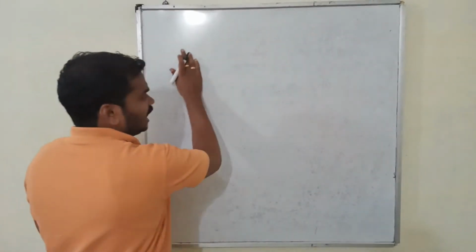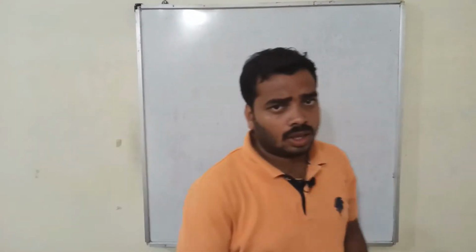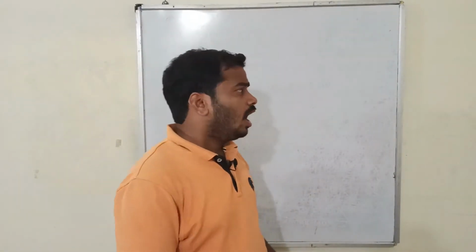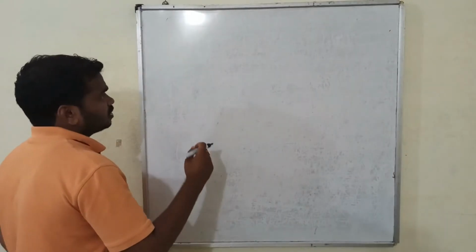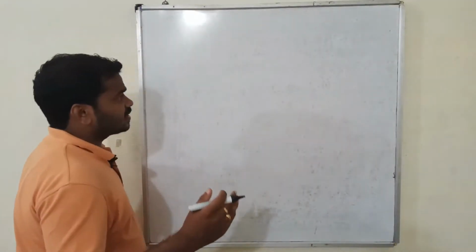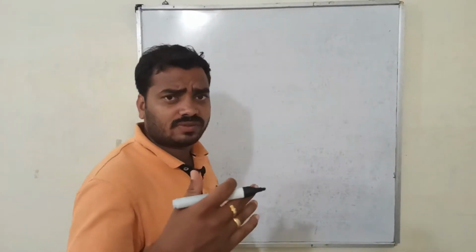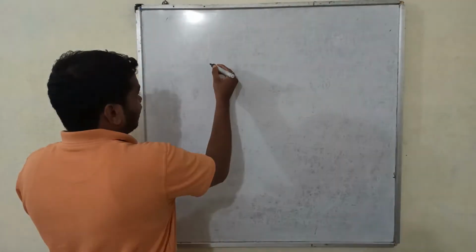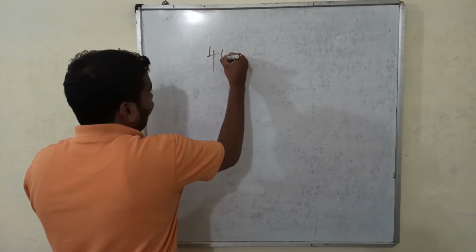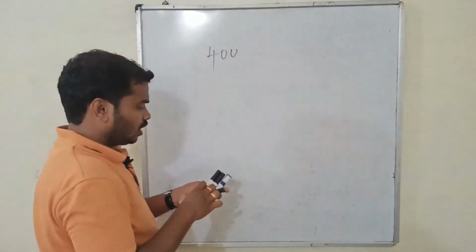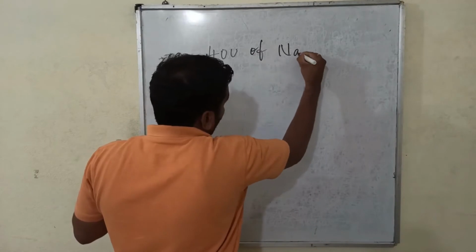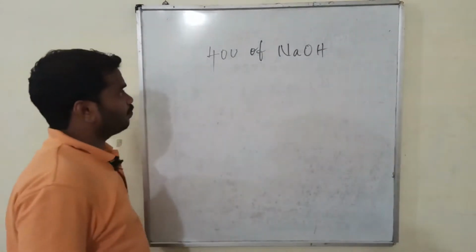Now you see, in a deeper manner, I'm going to tell you what exactly we can deduce from this concept of mole. Let us consider 40 units of NaOH.